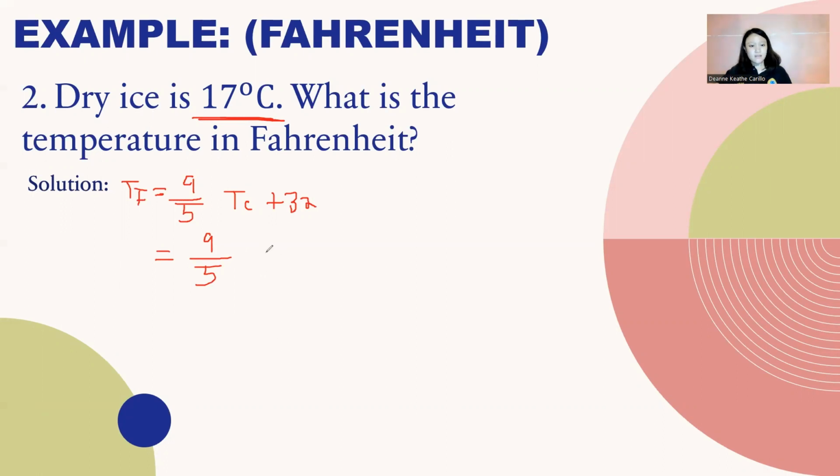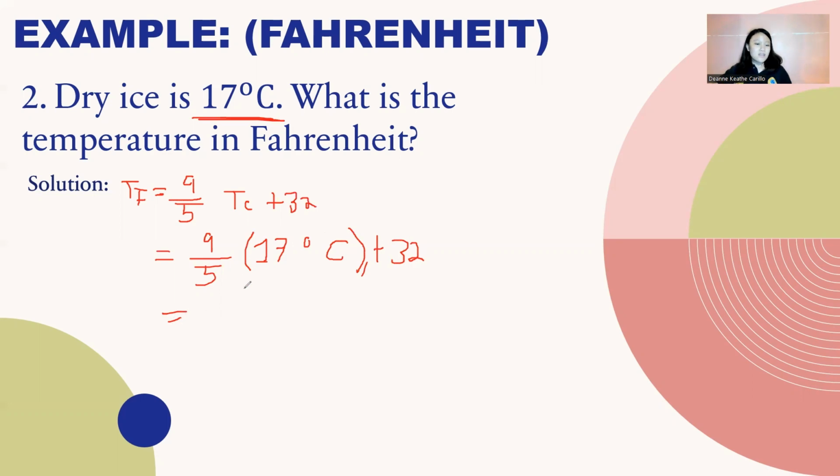Now let's proceed to the next step. 17 degrees Celsius plus 32. Please always be reminded na kailangan nating lagyan ng open and close parentheses kasi gagamitin natin siya for multiplication mamaya.